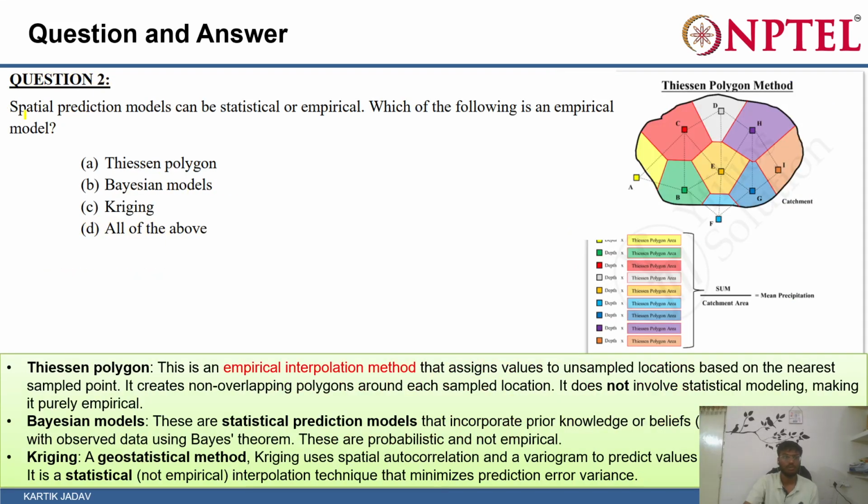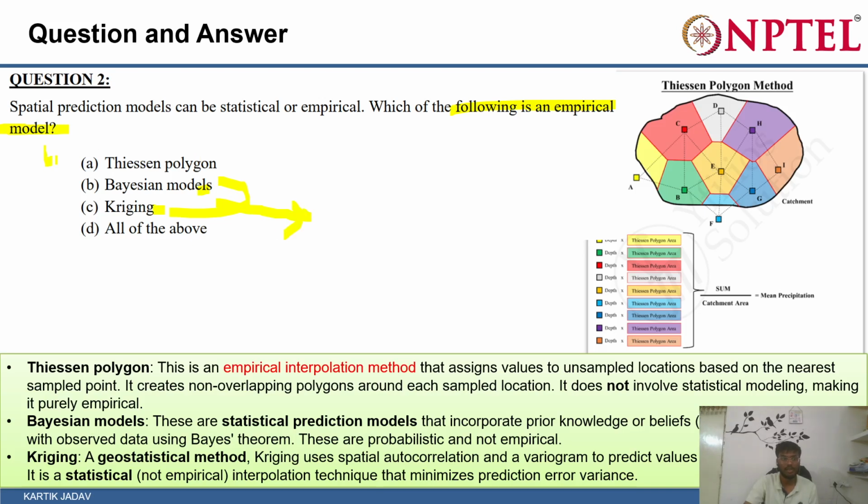Question number two, spatial prediction models can be statistical or empirical. Which of the following is an empirical model? So we know that among these, Thiessen polygon, Bayesian models, Kriging, the Bayesian model and Kriging are part of statistical models, right?